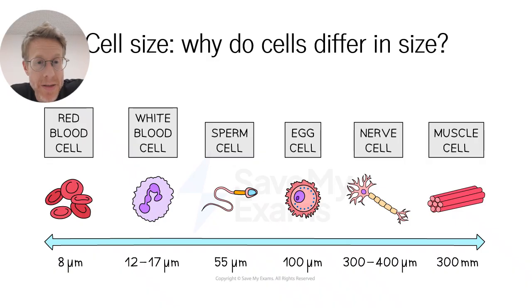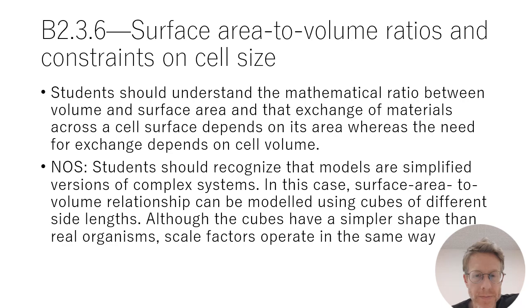You can see them sometimes. And nerve cells are long, so that's why they're really variable. You can have really long ones. And muscle cells can be really long. So there's a diversity in size.